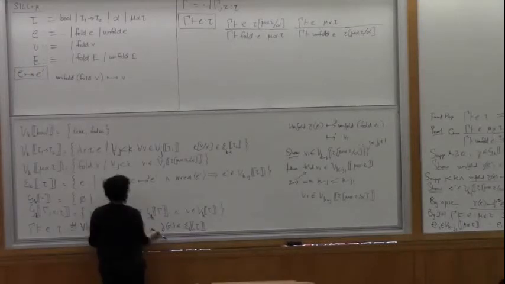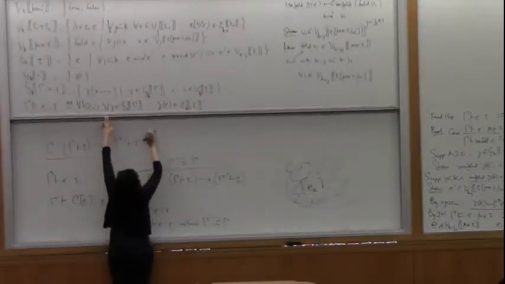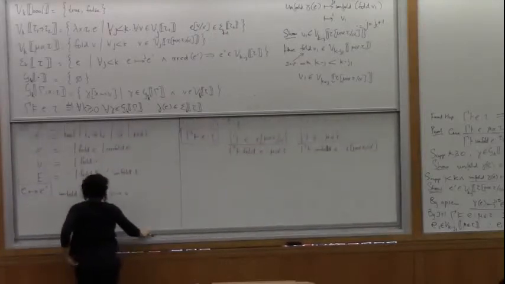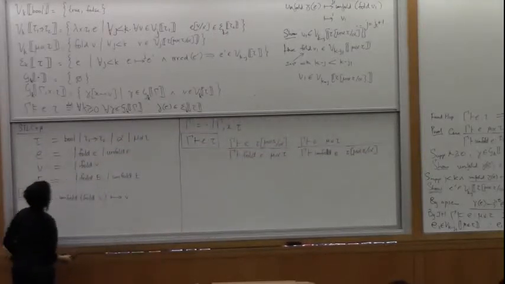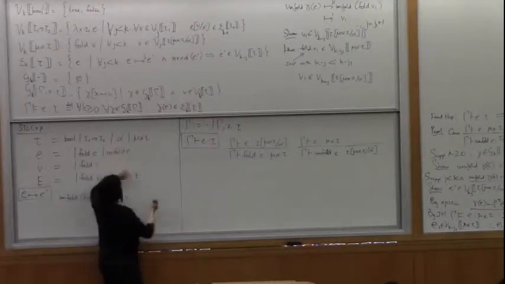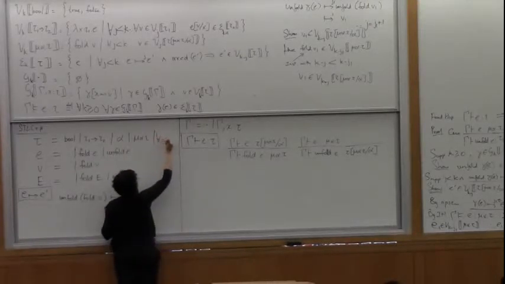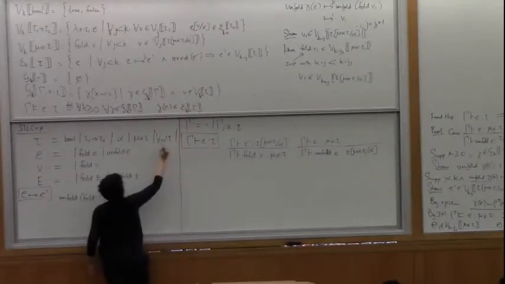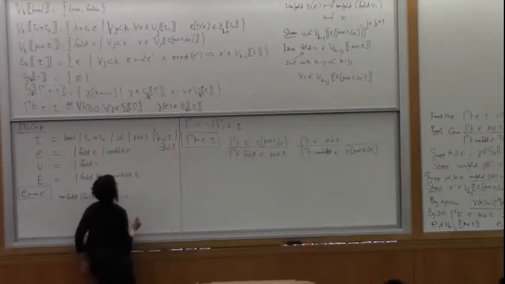Oh, pulled down the wrong book. Okay, so we are going to add universal types, for all alpha tau, and existential types, exists alpha tau.